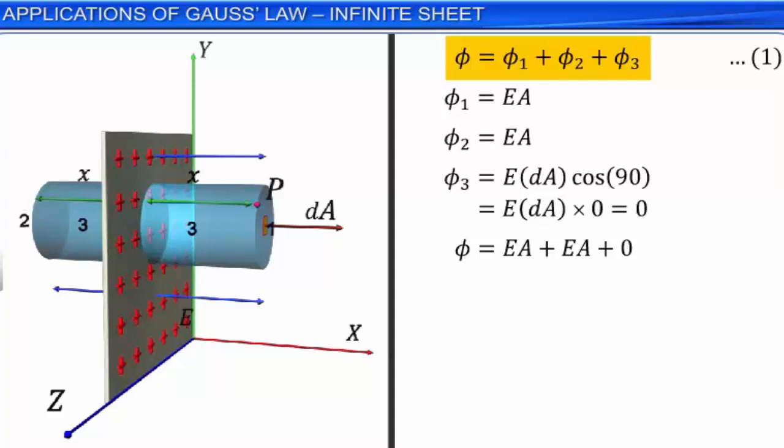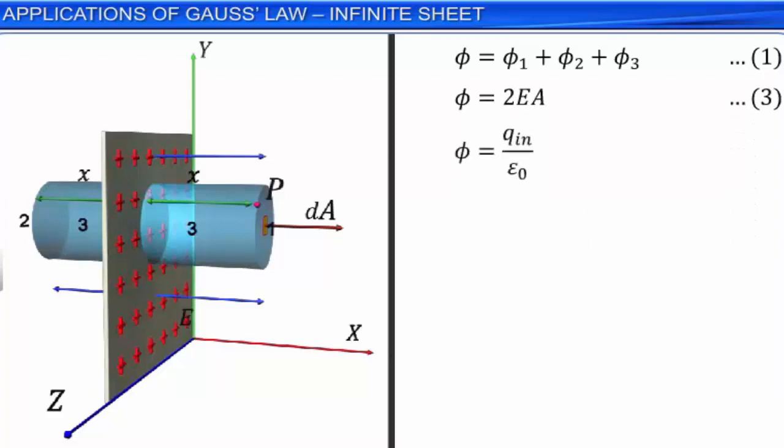According to Gauss law, phi is equal to Q in by epsilon naught. Substituting the value of Q in, we get phi is equal to sigma A by epsilon naught. Let this be equation 4. From equations 3 and 4, we get 2EA equal to sigma A by epsilon naught.